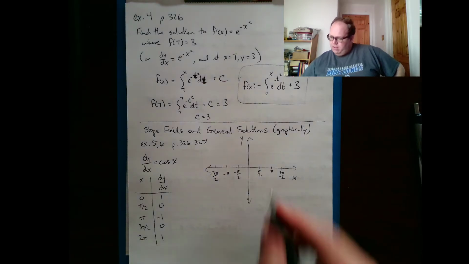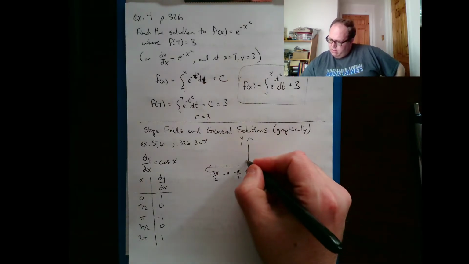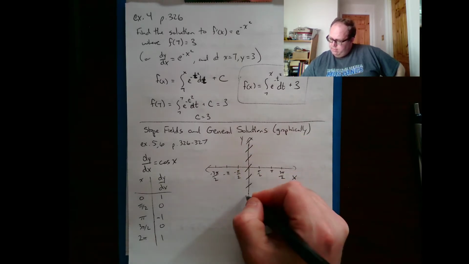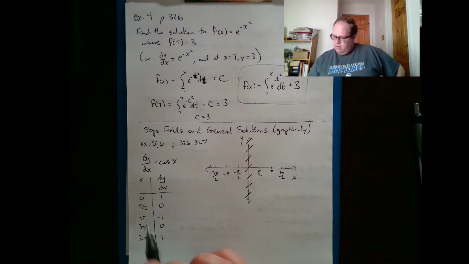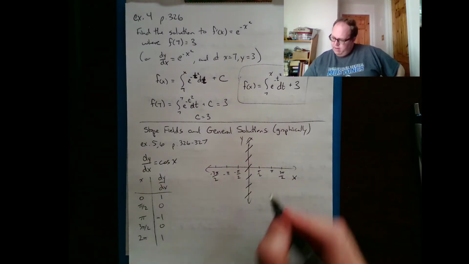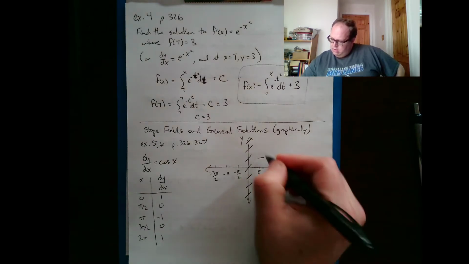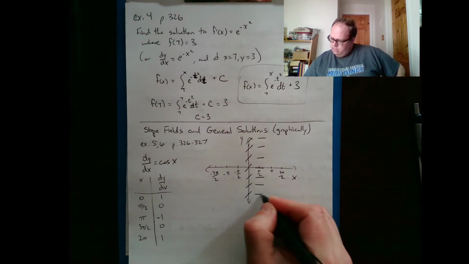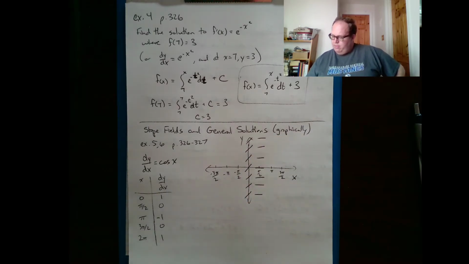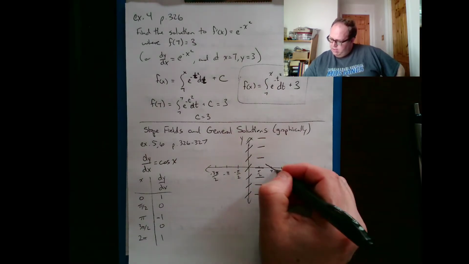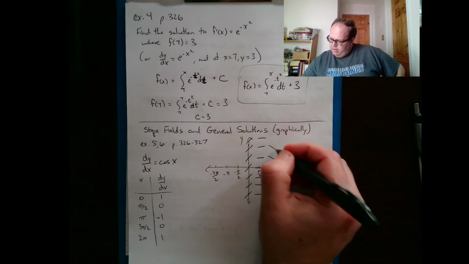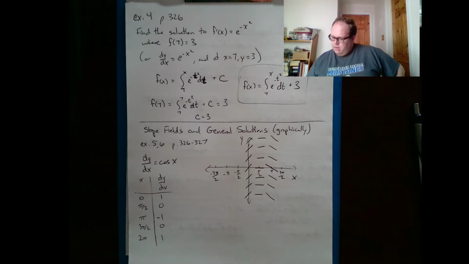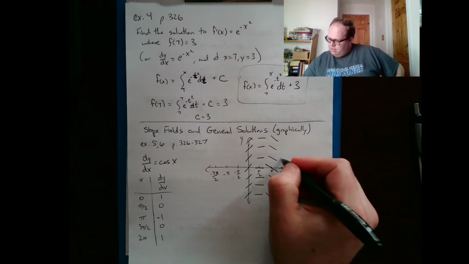So to show a slope field, what I show is that everywhere x equals 0, a line with a slope of about 1. At pi over 2, my slope is 0 everywhere. So there, I show lines with a slope of 0. At pi, I know my slope will be negative 1. So there, I show little line segments with slopes of about negative 1. At 3 pi over 2, my slope goes back to being a 0.